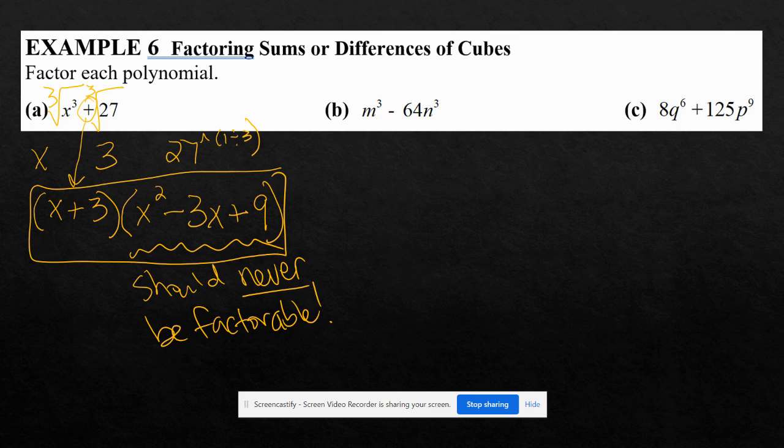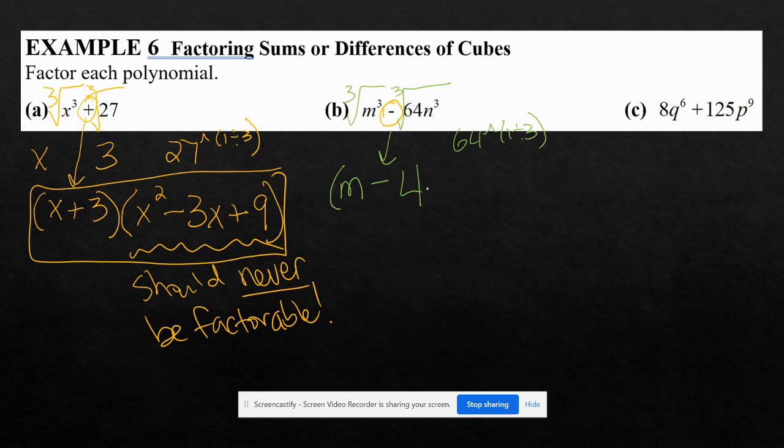All right, letter B. Letter B is a difference because of the subtraction. So we're following the difference formula. I'm going to change to green. We're taking the cube root of all of this stuff. So the cube root of m cubed is m. We're using the subtraction for our first parenthesis. The cube root of 64, remember you can do 64 to the 1 divided by 3 power, is 4.